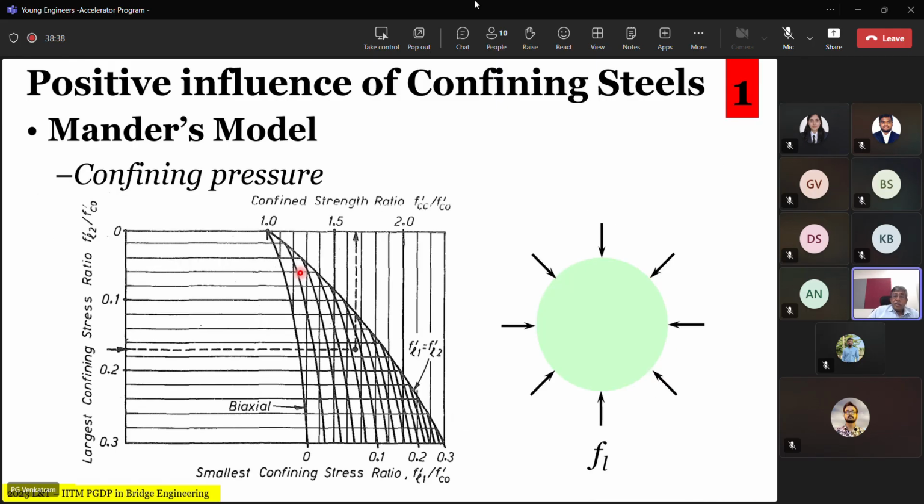Now, using this relationship of the effective confinement pressure, you can determine the variation in this. This is one model which is very commonly used nowadays in determining the effect of confinement. You will notice that this may be used to some extent in assessment and also in the original design, especially if you are doing seismic design.